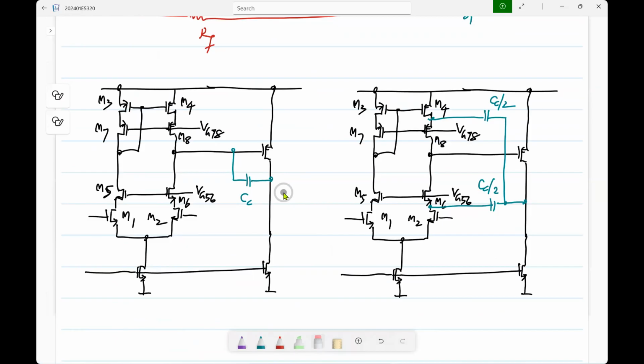Basically, if you have a fully differential op-amp, you just start with the differential and common mode half circuits. What you get for the common mode will be some feedback loop that you have to analyze, and for the differential picture you have something that you analyze separately. Any questions on any aspects of op-amp design?